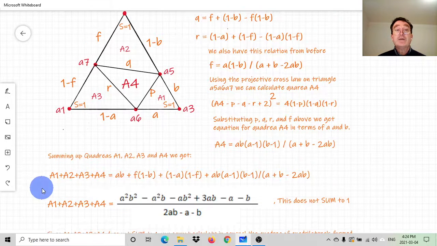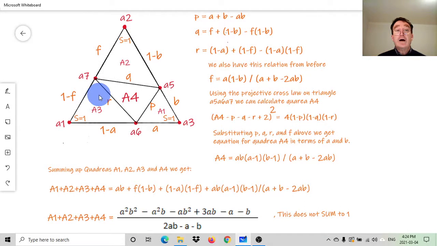So what that means is, I cannot get the quadria of this quadrilateral A3, A5, A7, A6 by summing the quadria of A1 plus A4.